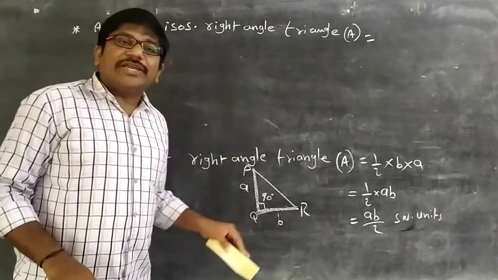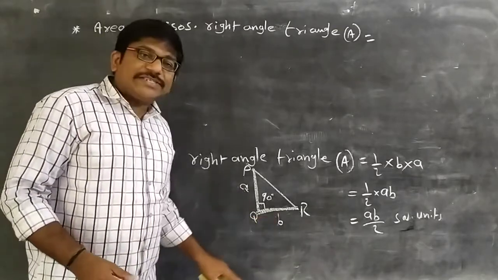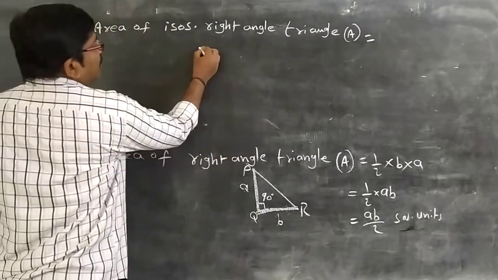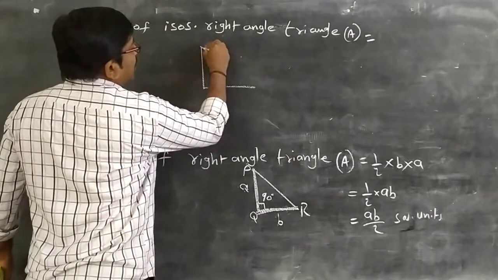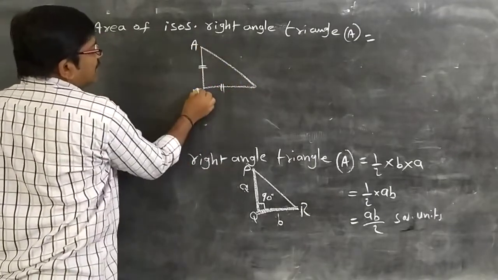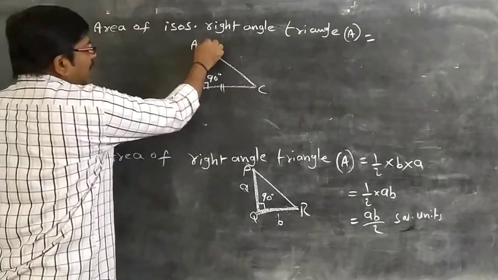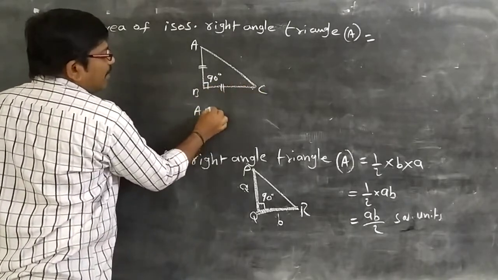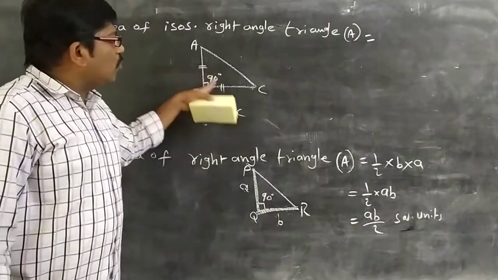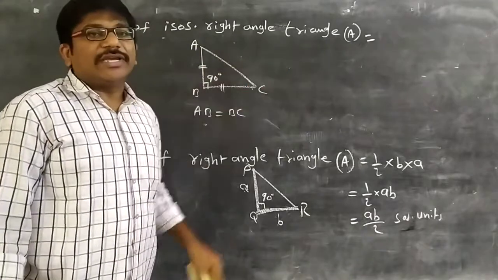In a right angle triangle, if the perpendicular sides are equal, meaning if any two sides are equal, then it is called an isosceles right angle triangle. See, it is a right angle triangle in which these two sides are equal. ABC is a right angle triangle, angle B is 90 degrees and AB is equal to BC. In any right angle triangle, if two sides are equal, then that is called an isosceles right angle triangle, right?